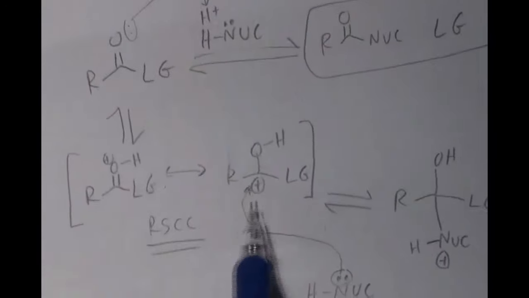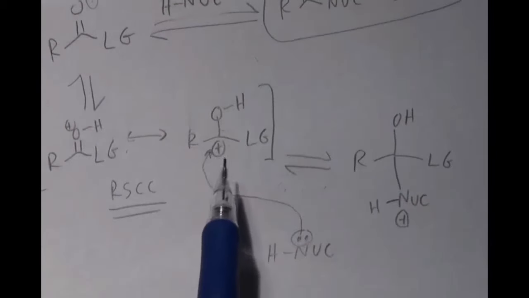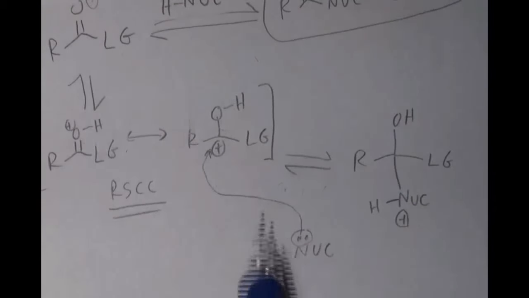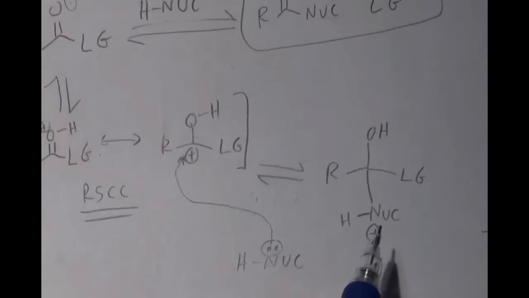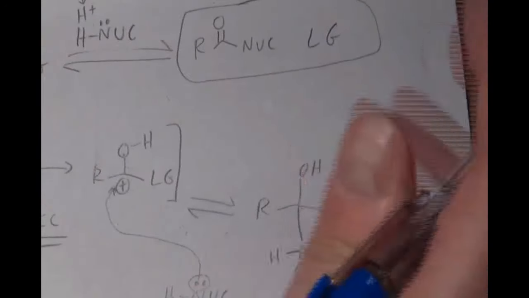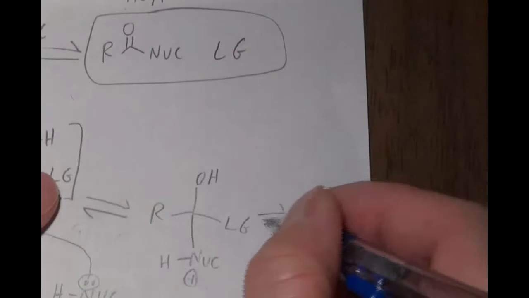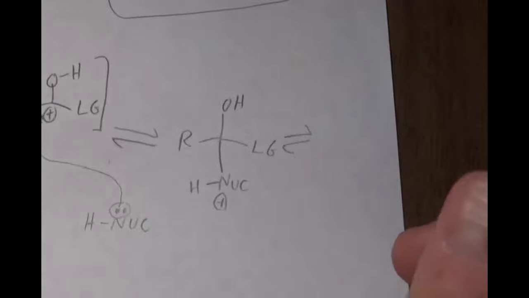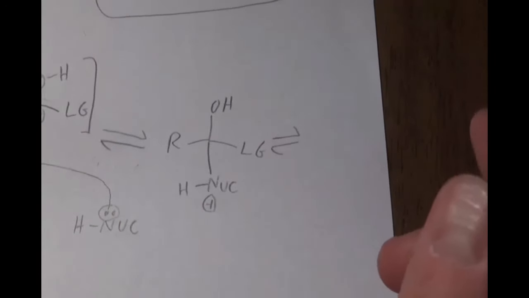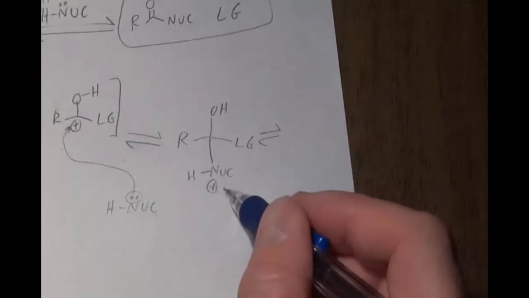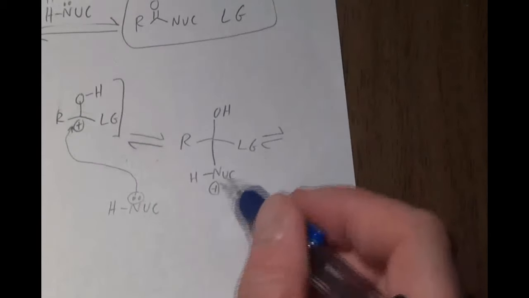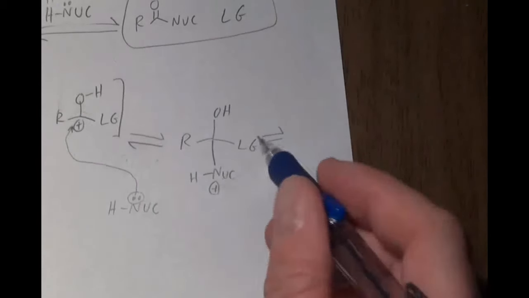And then H-nuc attacks that, so it forms a bond from nuc to the plus charge. Now H-nuc is positively charged, right? And what usually happens after nucleophilic attack is transfer of a proton, usually from one atom to another. So we're going to assume transfer from the nuc to the leaving group.